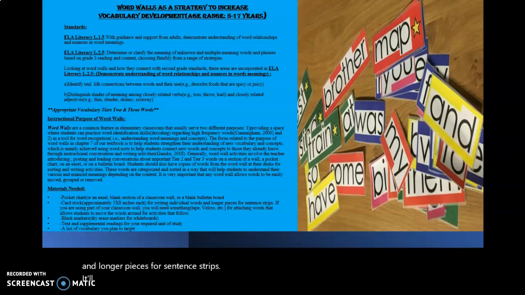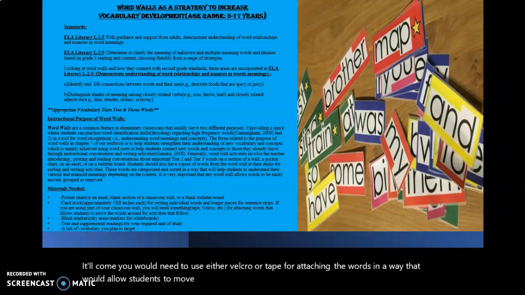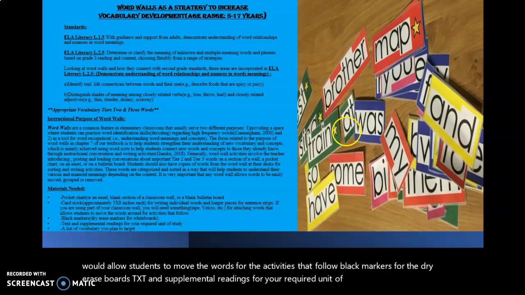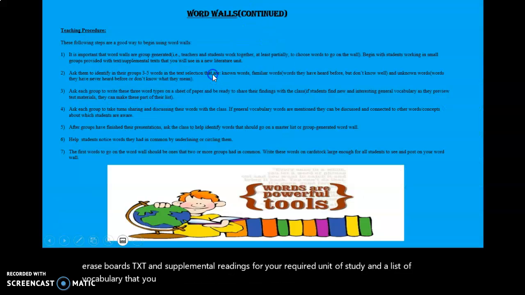You would need to use either Velcro or tape for attaching the words in a way that would allow students to move the words for the activities that follow. Black markers for the dry erase boards, text and supplemental readings for your required unit of study, and a list of vocabulary that you would plan to target.